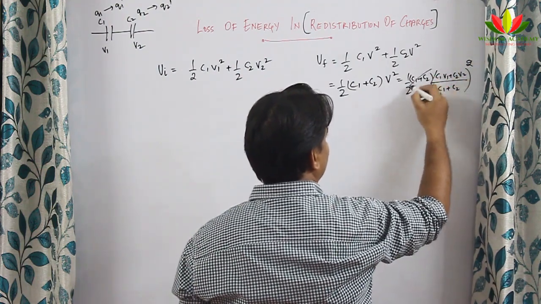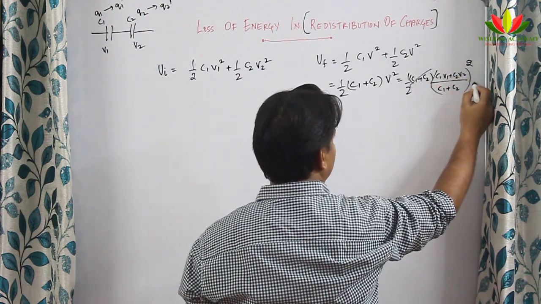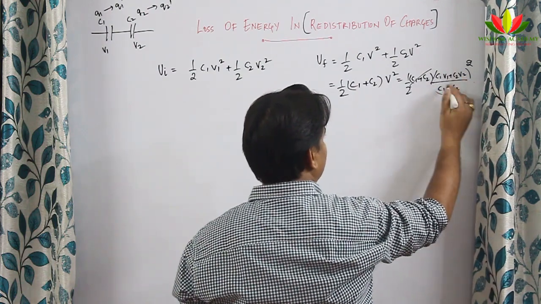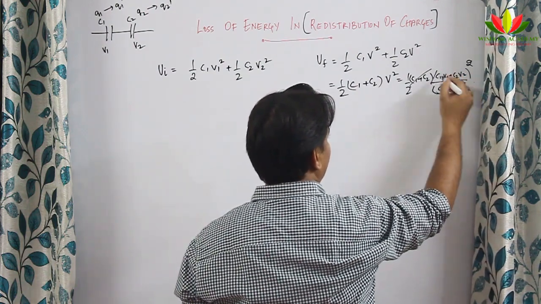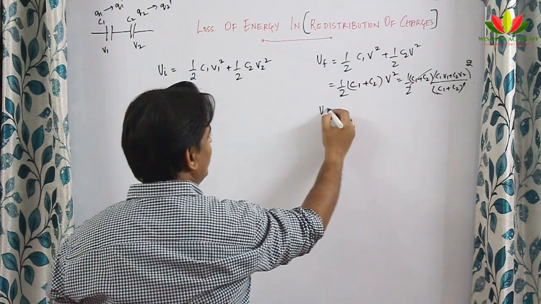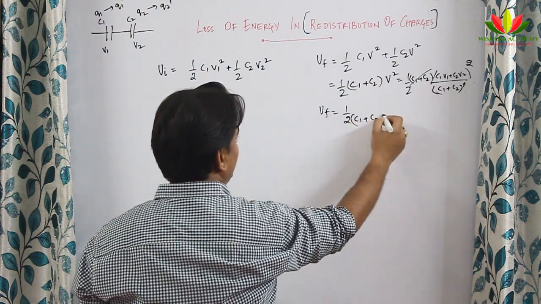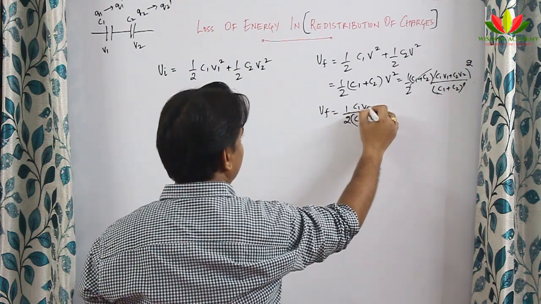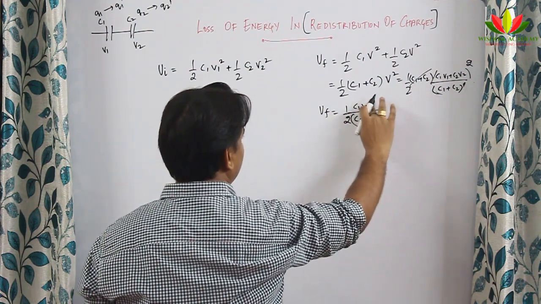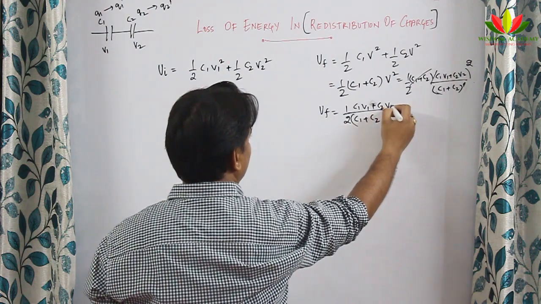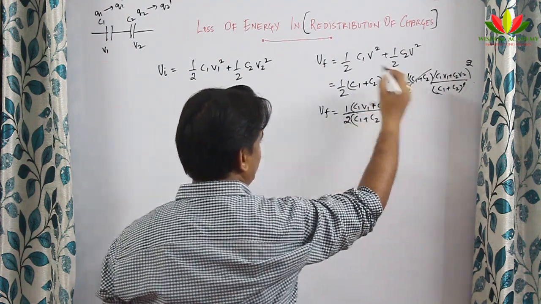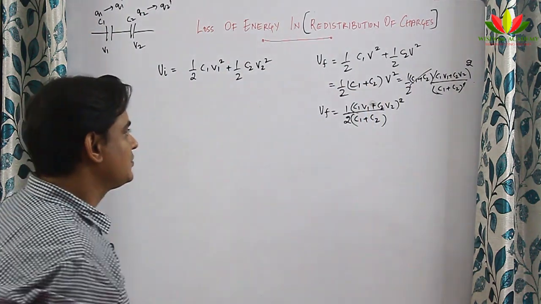So this term and one term will get cancelled here, which is, if I write it separately, this square and this square, then one term will get cancelled from there. So I get U final is equal to half C1 plus C2, and above I have C1 V1 plus C2 V2 the whole square. So what I will do now, I will open up this.